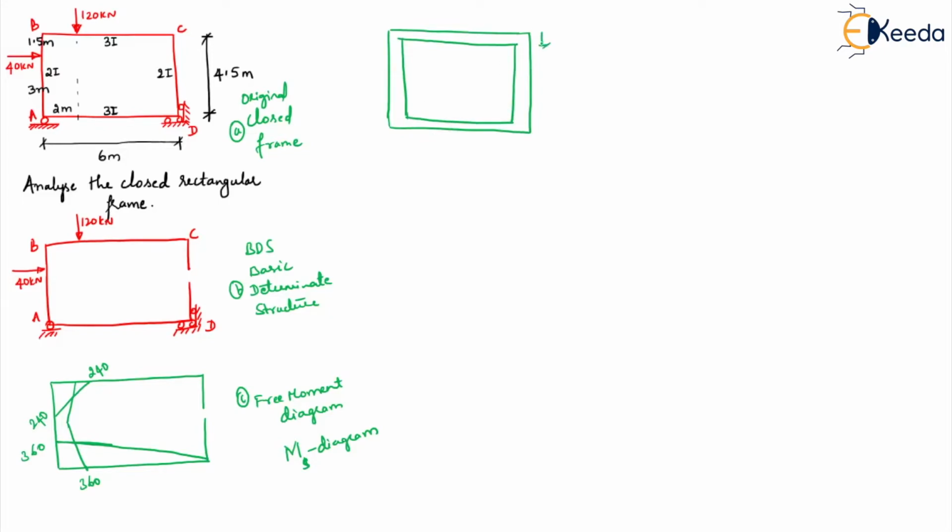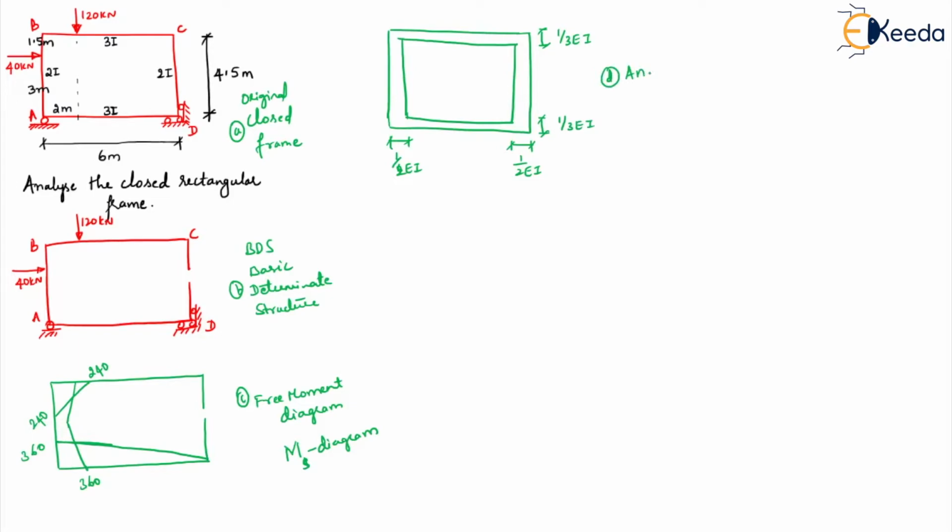This width is 1 by 3 EI. This width is 1 by 2 EI. This also is 1 by 2 EI, whereas this is 1 by 3 EI. Don't bother about the scaling; the figures are not to scale. You just have to understand the concept.